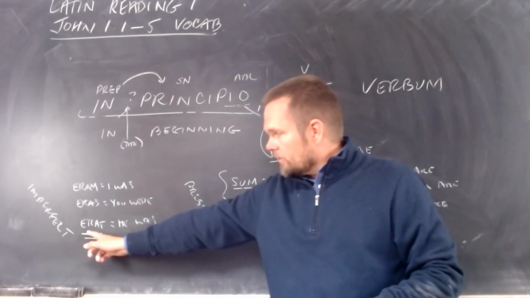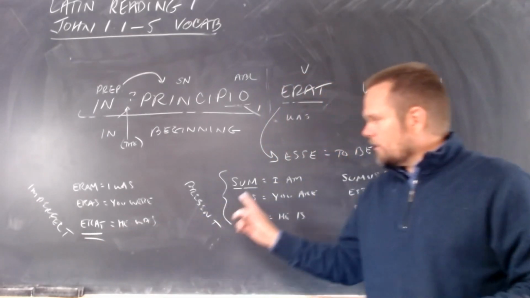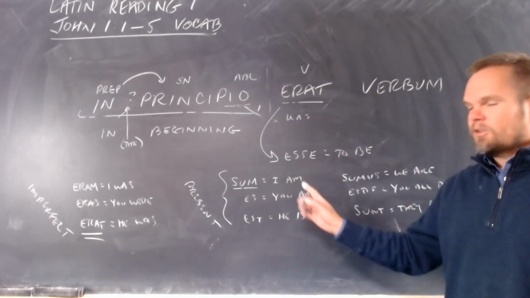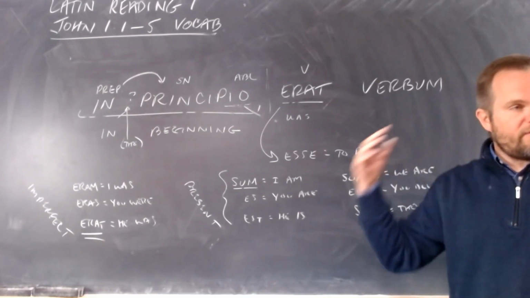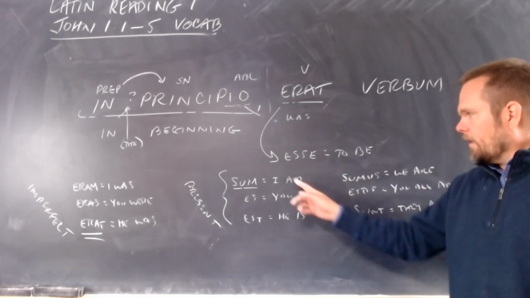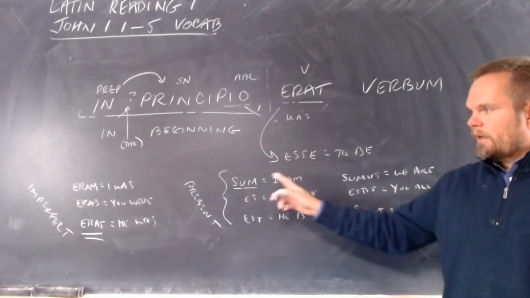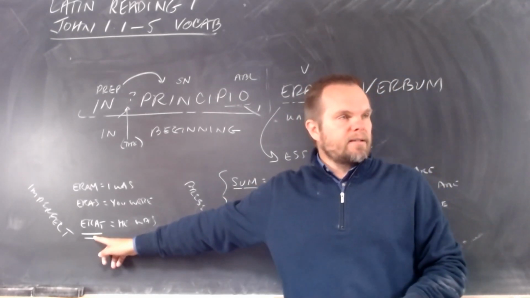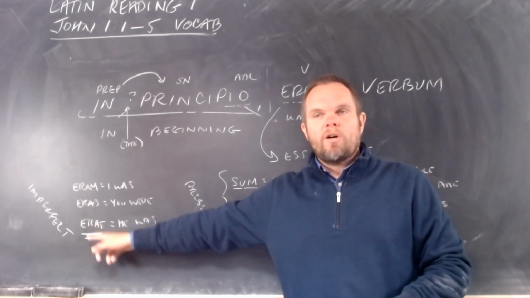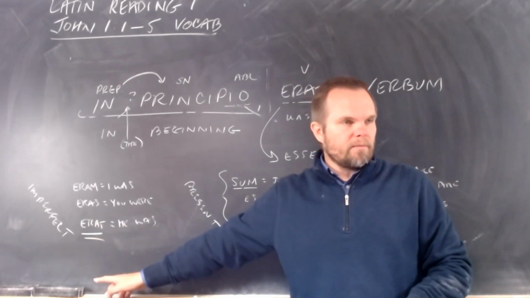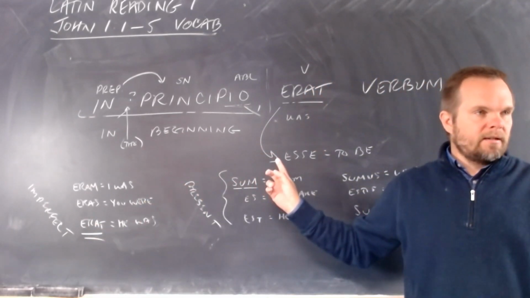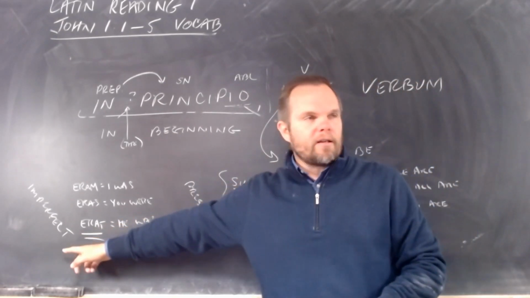Okay? So if a student memorizes, this is called the conjugation, all the forms of a verb, he will see erat in the sentence and know that erat is one of the forms of the verb esse. He will know that it's an imperfect form.